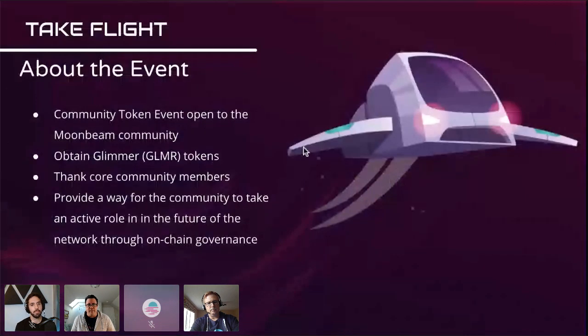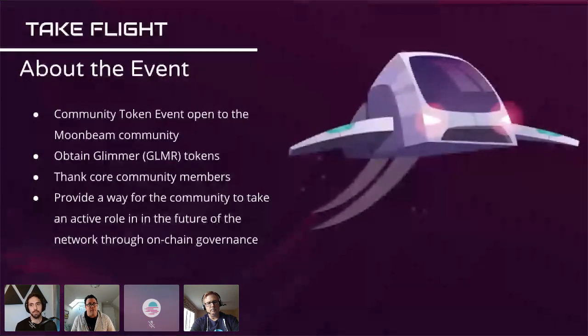The idea is that we really wanted to focus on the Moonbeam community, and as part of the launch of the Moonbeam network, we wanted to make sure that core contributors and community members who had been supporting the project, in some cases for many months, and who had been putting a lot of their personal time and energy into the project, had an opportunity to obtain tokens that could then be used to engage with the network.